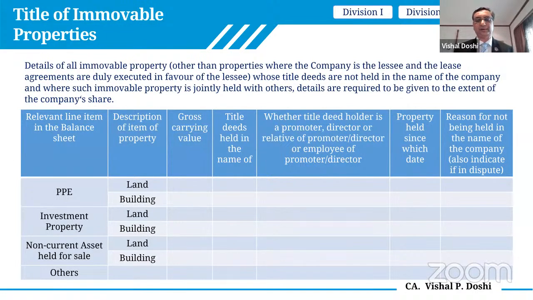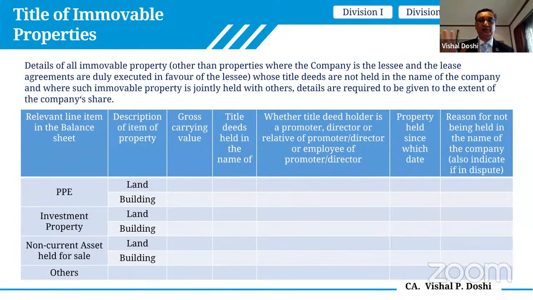With respect to lease property, the exemption has been given where the lease agreement has been executed in favor of the lessee, then there is no reporting required under this. But in other cases, if the lease agreement is not executed in favor of the lessee, then that also, so maybe under Division 1, that would not appear on the face of the balance sheet.